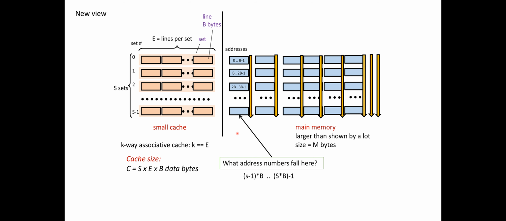So those are the addresses of the bytes themselves in main memory that fall there. And so now we can see that the start of this next block up here is at S times B, and the start of this block is at 2 times S times B, and so on, all the way down through our main memory. So that's how we can think about mapping this out.